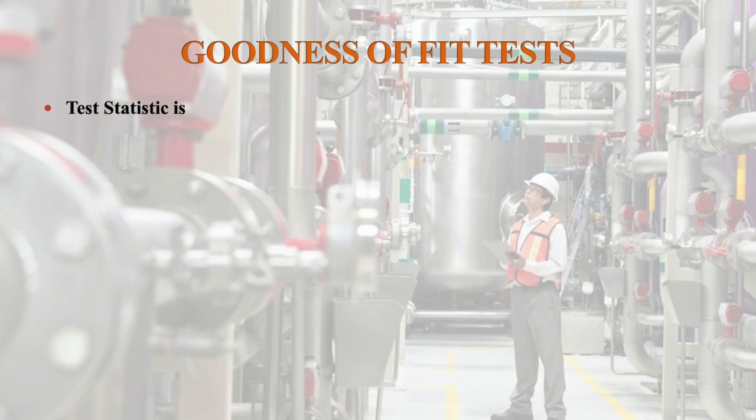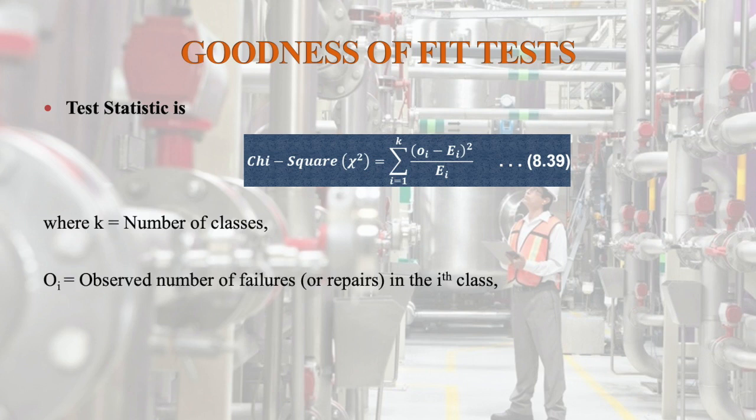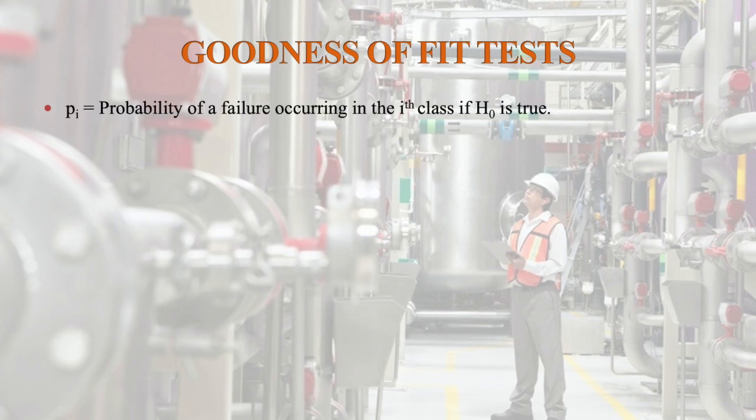The test statistic chi-square is equal to the sum over i equals 1 to k of (Oi minus Ei) whole squared divided by Ei, where k is the number of classes, Oi is the observed number of failures or repairs in the ith class, Ei equals N pi, that is the expected number of failures or repairs in the ith class, N is the total number at risk, the sample size, and pi is the probability of a failure occurring in the ith class if H0 is true.